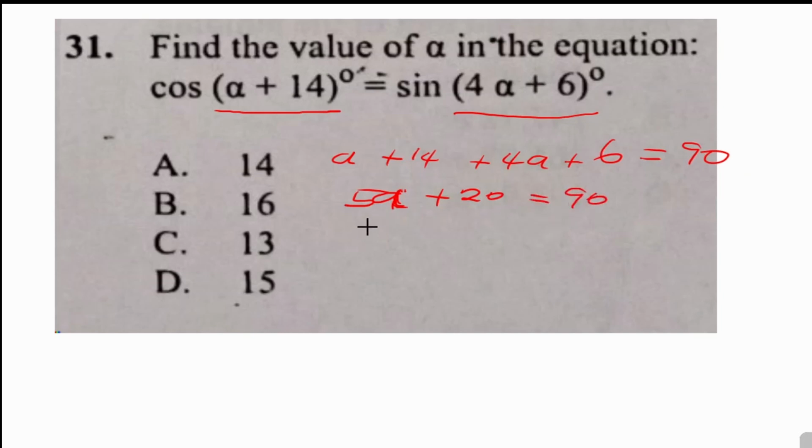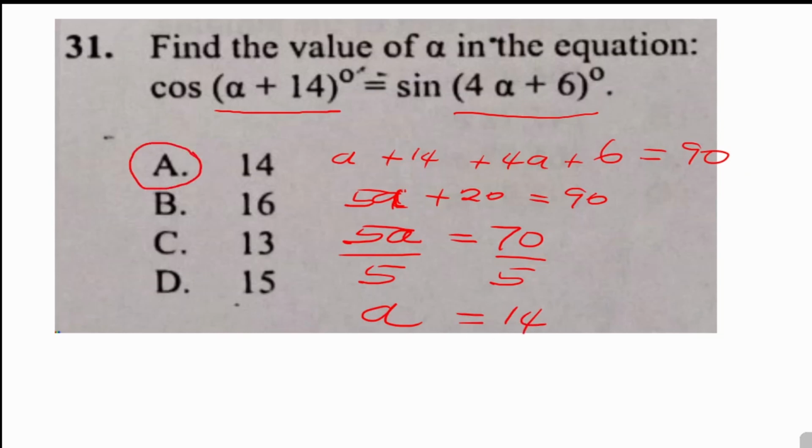Subtracting 20 from both sides, you're going to get 5 alpha being equal to 90 minus 20, which is 70. Then we divide both sides by 5, and alpha will be equal to 14, and that is option A.